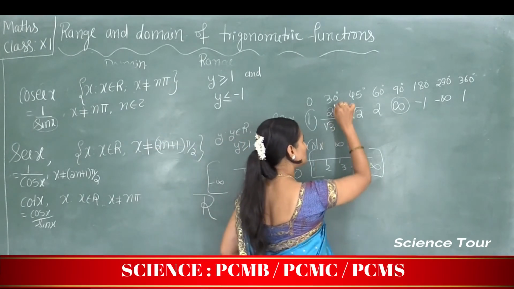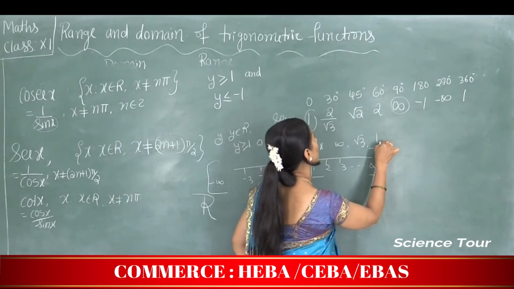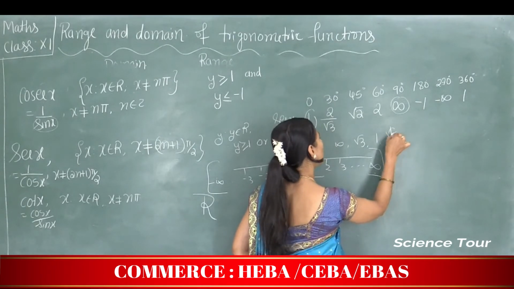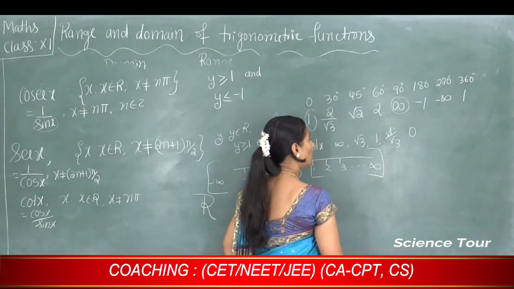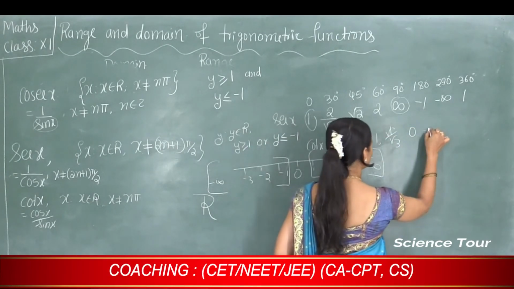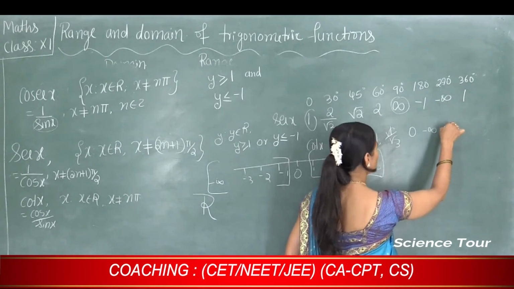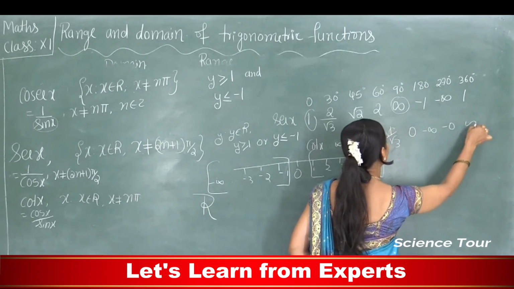Next, cot 30 is root 3, cot 45 is 1, cot 60 is 1 by root 3, cot 90 is 0, cot 180 is minus infinity, cot 270 is minus 0 or 0. 360 is what? Infinity.